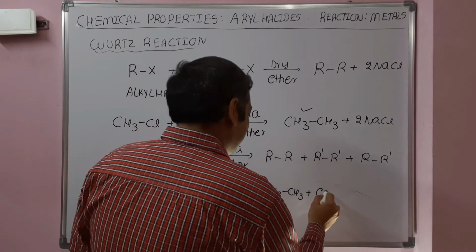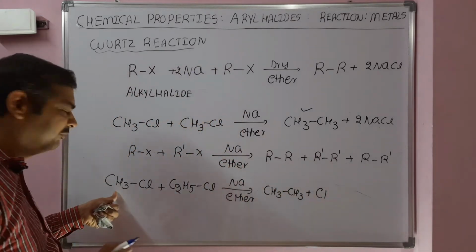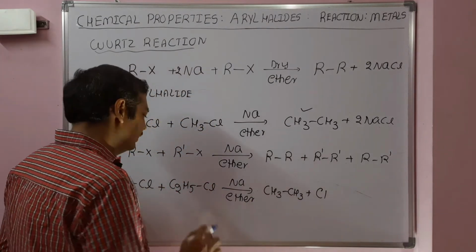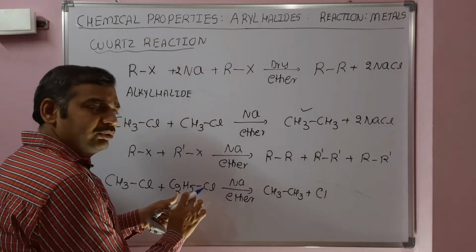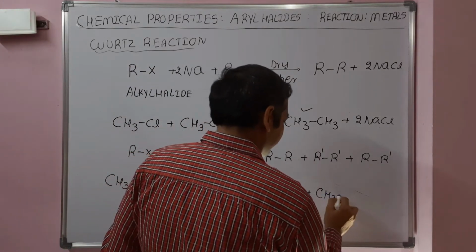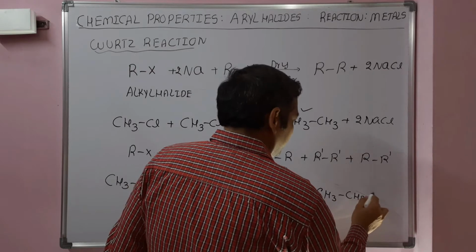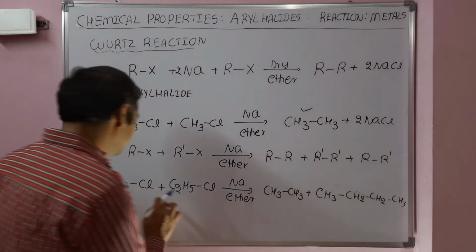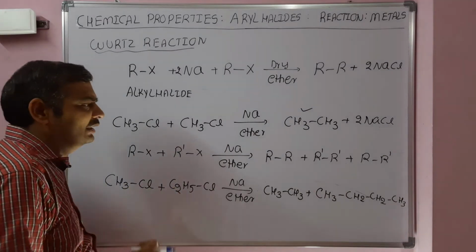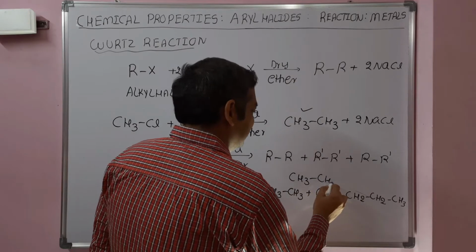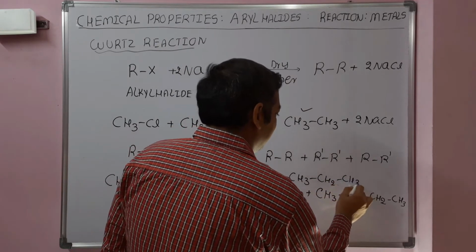For example, the self Wurtz reaction of methyl chloride gives ethane, the self Wurtz reaction of ethyl chloride gives butane, plus the cross Wurtz reaction between methyl chloride and ethyl chloride gives propane. So 3 types of products will be obtained.